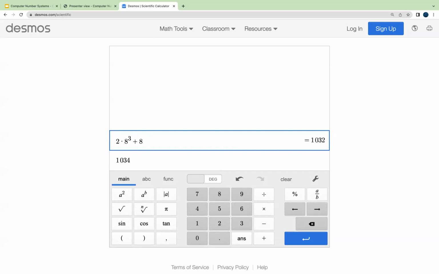So maybe I can just eyeball it and see that 64 isn't going to fit in there, so I'm just going to go ahead with 8. Ooh, that's almost there, and it seems we'll just need a 2. So it's implied, but this is 8 to the power of 0, and this is 1 times 8 to the 1.